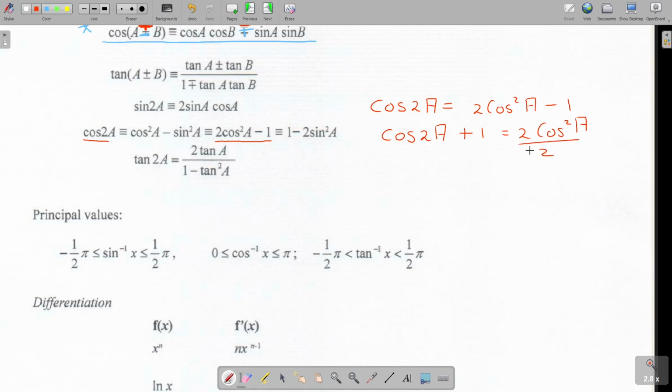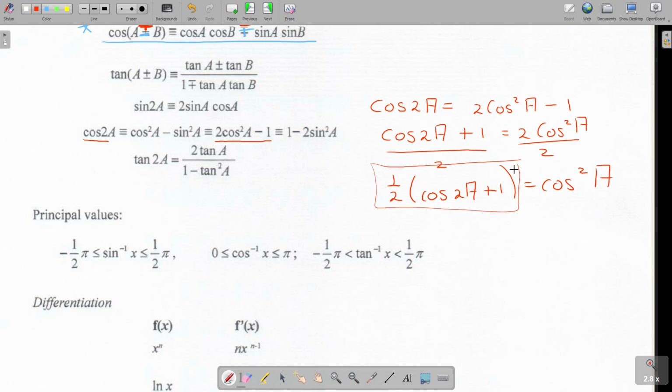And I divide by 2 and I divide by 2. So it's actually a half cos 2a plus a half, or it doesn't matter which one is in front, 1 plus cos 2a over 2, and that is cos squared a. And that is what they want me to replace it with.